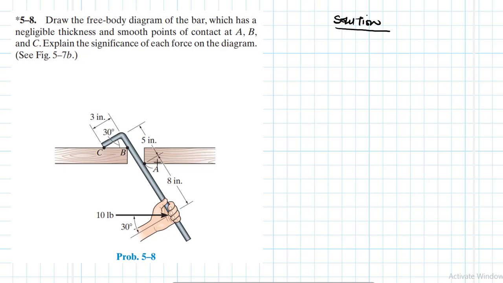At A, look at what is happening. The bar is being pushed in this direction. So if the bar is being pushed in this direction, of course there is another component in this direction.